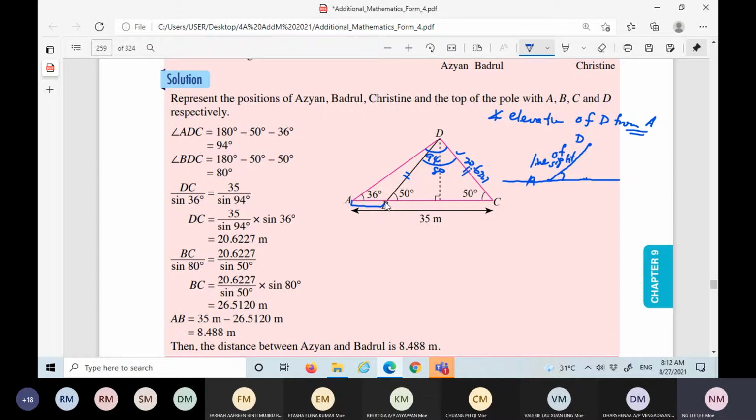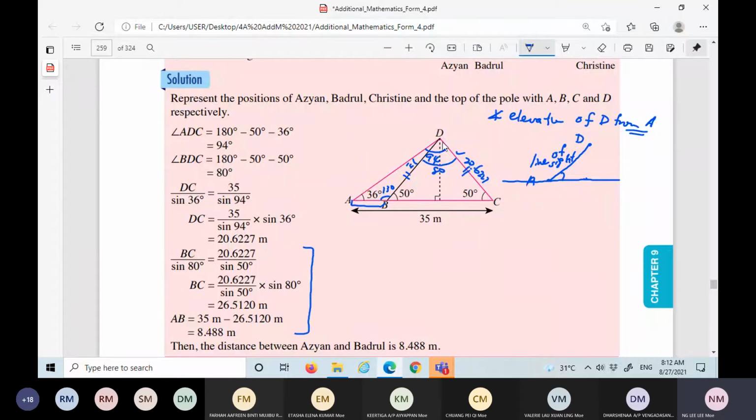So I have a length, and I have all the angles in fact, because here this is a straight line, so 180 minus 50 gives 130 here. Then here is 94, here is 80, so here is 14. I have the three angles and one length, so I can solve for another length. So this is another alternative for this part.